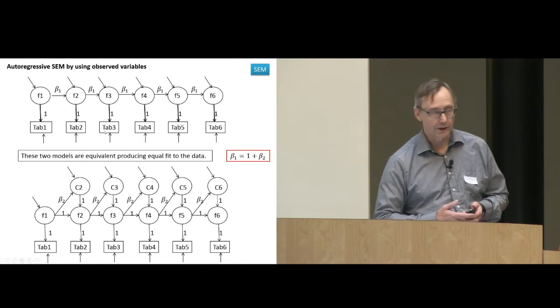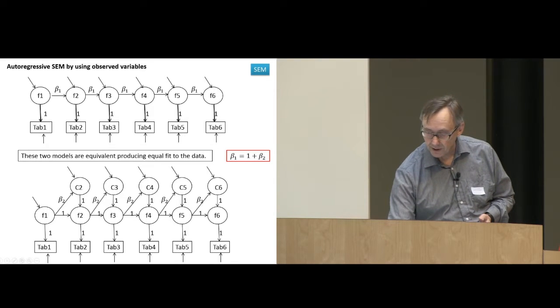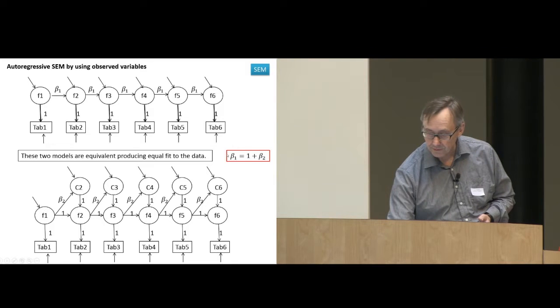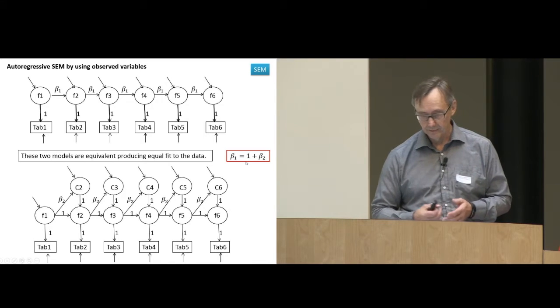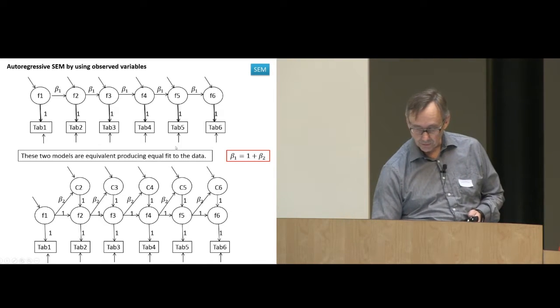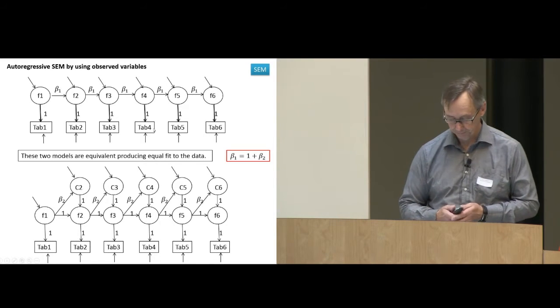They produce equal fit, and the association between beta 1 and beta 2 is seen in this equation. But when you use this model or the difference score model, you can interpret the data in your way.